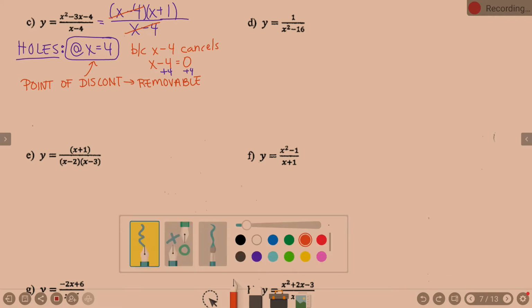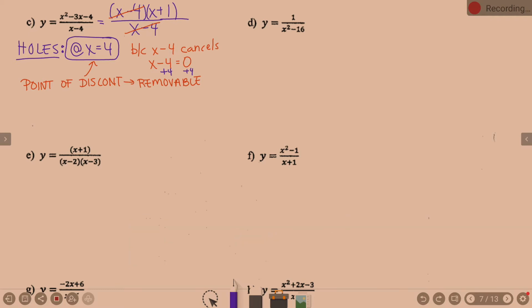Okay. What do you have to find after holes? You have to find vertical asymptotes. Now, how do we find vertical asymptotes? You set the denominator equal to 0.